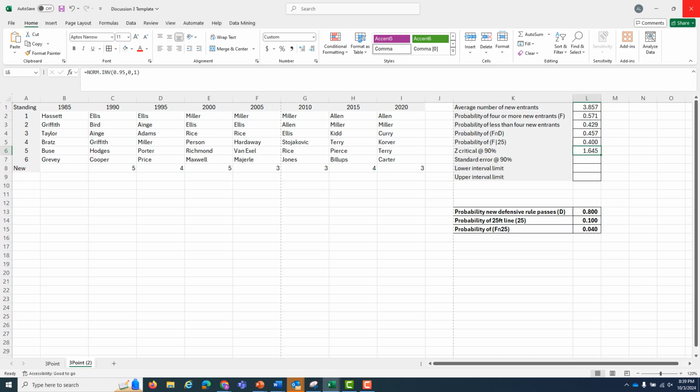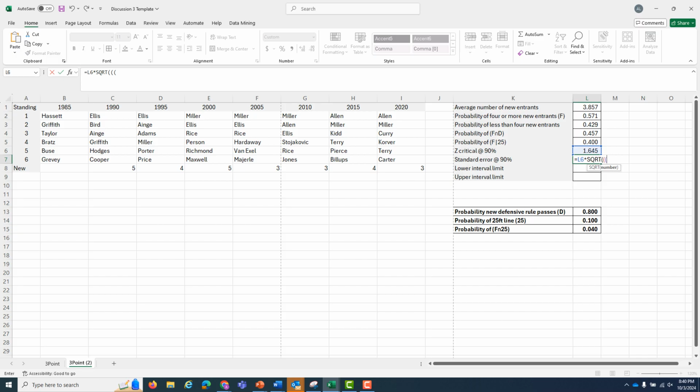What is the standard error at 90%? Well, to find the standard error, you get to throw in a very large formula over here. The standard error for a proportion is always equal to your Z critical value, so I'm going to click that 1.645, times, I'm going to find the square root first, SQRT, and then I'm going to open three parentheses.